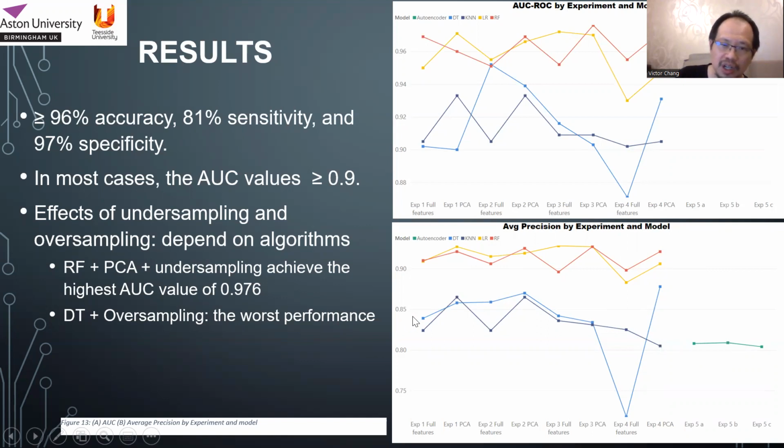With the decision trees, it varies very extensively, especially towards experiment 5. With the KNN, it doesn't seem to perform that well, but it was still acceptable as long as it gives values of 0.8 and above. And also the autoencoder is only maintaining above 0.8 for experiment 5.